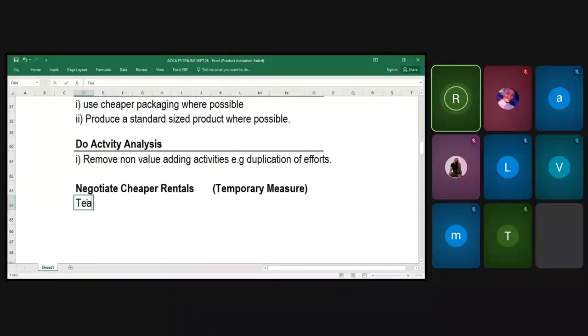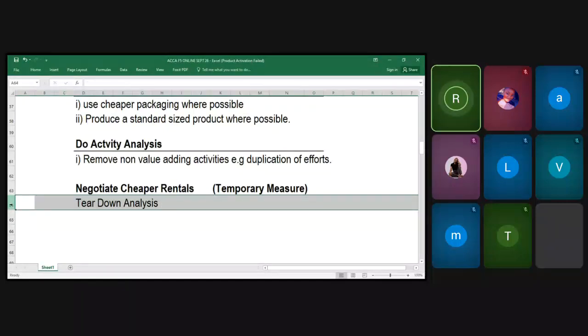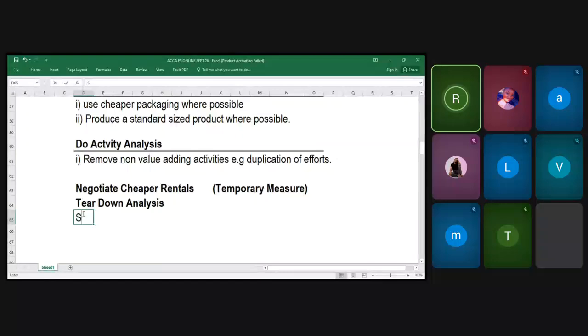We can also have what we call the teardown analysis. Let us talk about teardown analysis. So in order for us to produce a product at a lower cost, what do we need to do? We need to study the competitors' product.